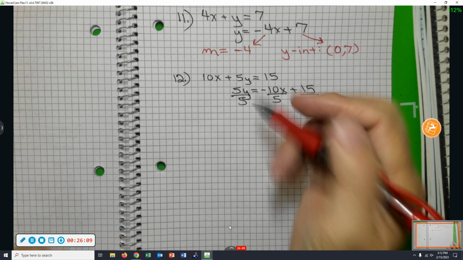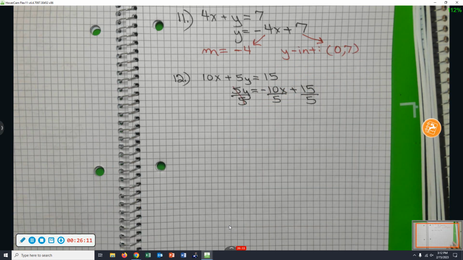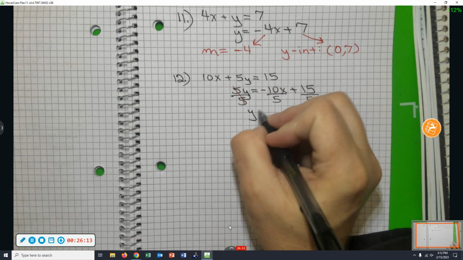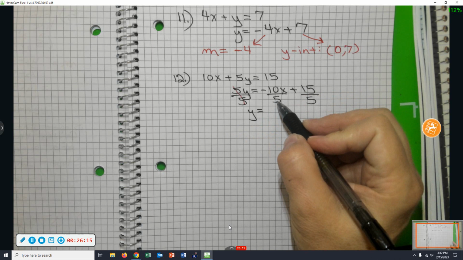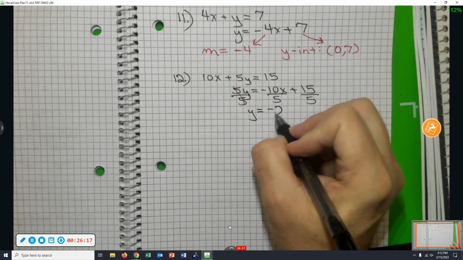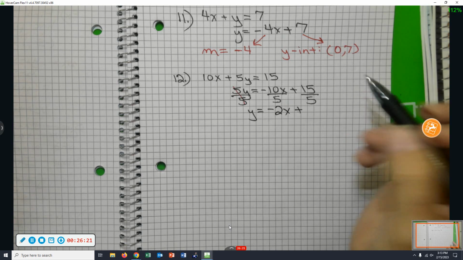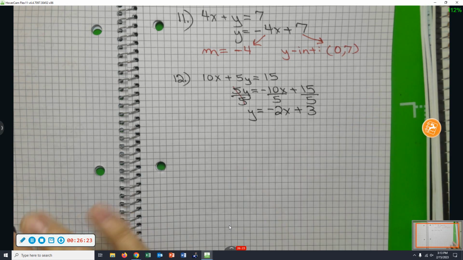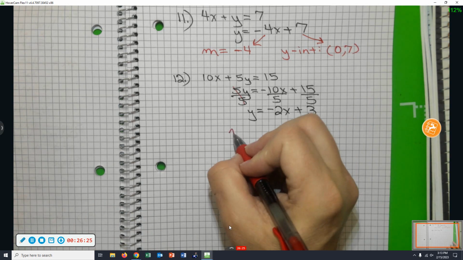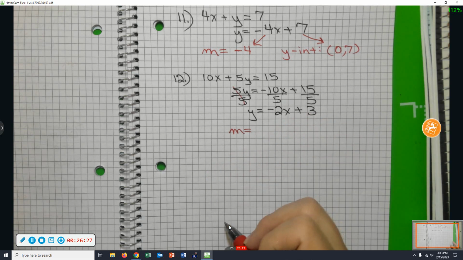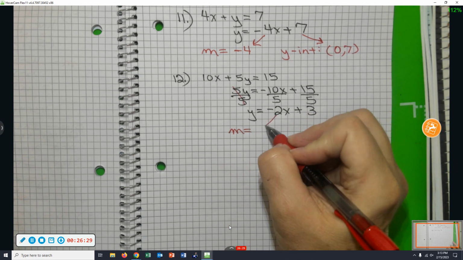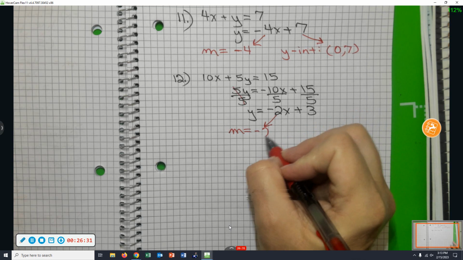So we have y equals negative 10 divided by 5, I agree with the negative 2, the x plus 15 divided by 5 is 3. So the slope is negative 2. I agree.